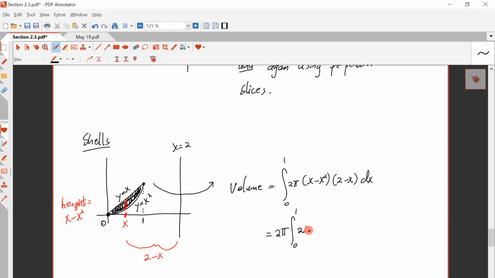So we've got 2x minus 2x squared minus x squared plus x to the third. Is that right? So 2x minus 2x squared minus x squared minus x to the third. So that's 3x squared.